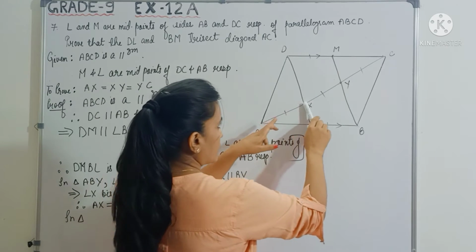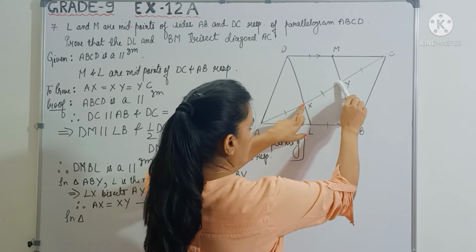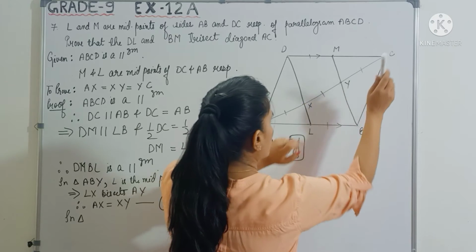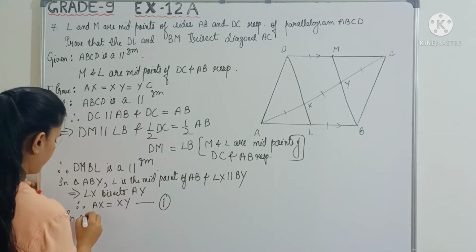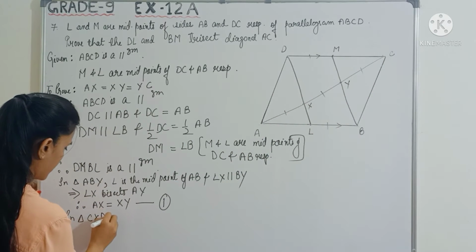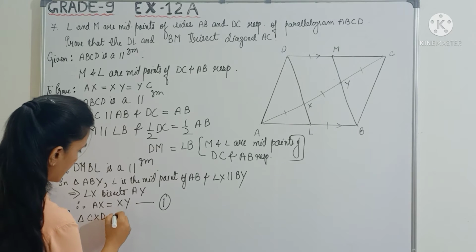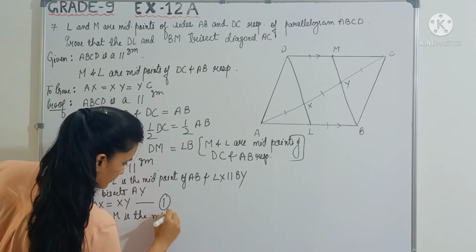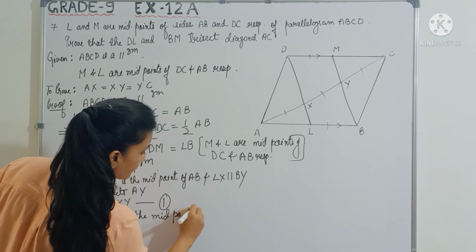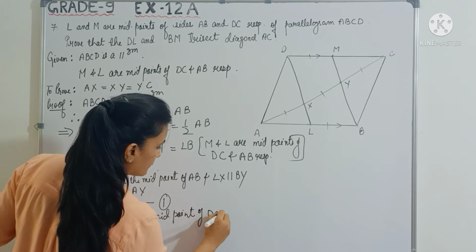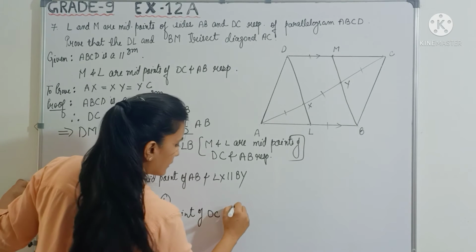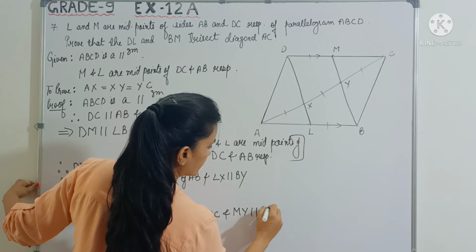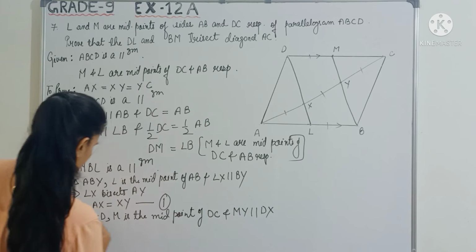Now you have shown AX is equal to XY. Now you have to show XY is equal to YC, right? So let's take this triangle, correct? So in triangle CXD, in this triangle, what do you observe? M is the midpoint of DC and MY is parallel to DX.